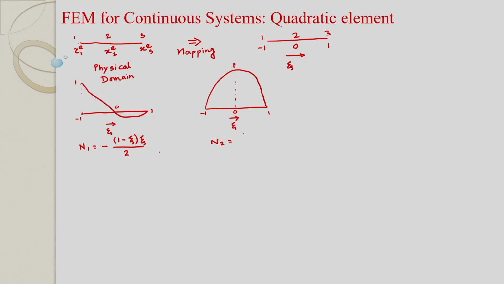So, we can write this now. The third shape function we can express in this expression, and it is such that if you put xi equal to 0 and xi equal to -1, it is 0 and it is 1 at xi equal to 1.